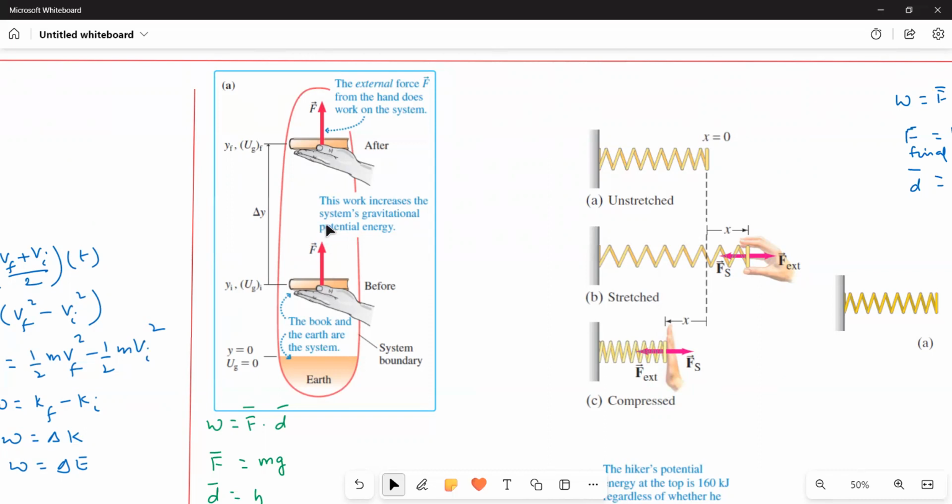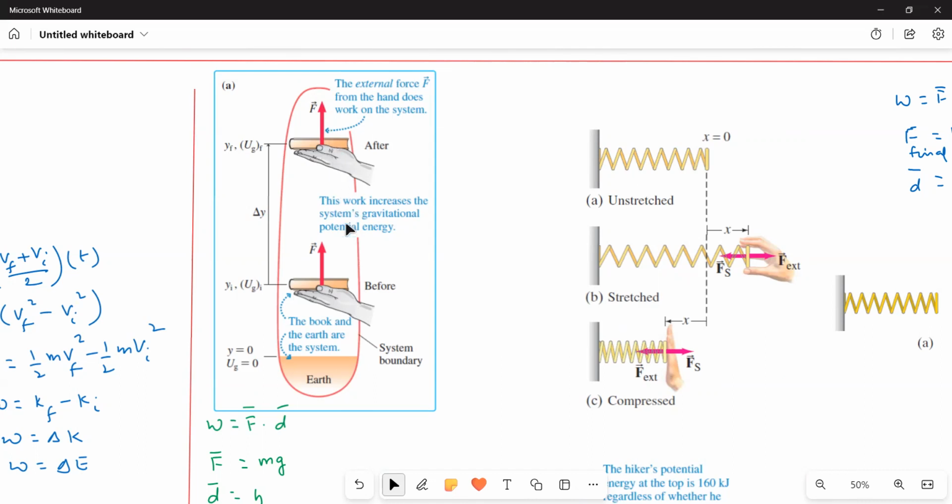So the work done by the non-conservative forces is equal to 0. So only the work done by the conservative forces comes into picture because the hand is outside the system. So work done on the system comes from the external force, and that too by the conservative force. It manifests in the form of energy, that is gravitational potential energy.